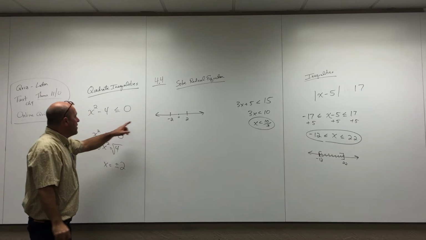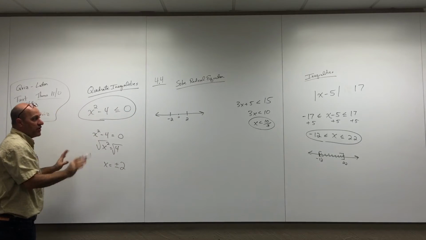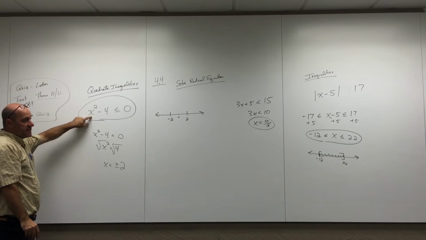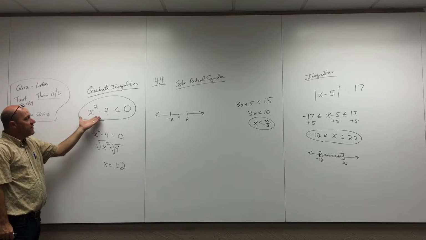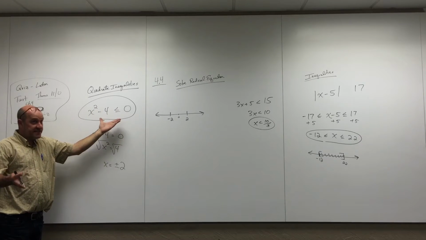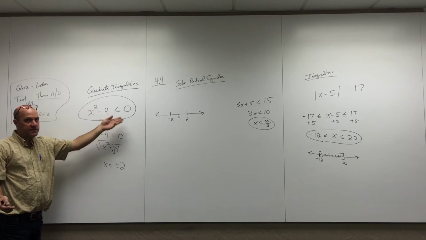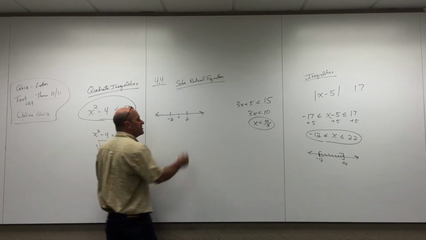If I pick 0 and plug it into this original inequality, I'm plugging in a 0 for x. It's a little test number. If I plug in 0, what do I get? Negative 4 is less than or equal to 0. Now, is that true? Negative 4 is less than 0? Okay, yes, that's true. If it's true, you shade that region.